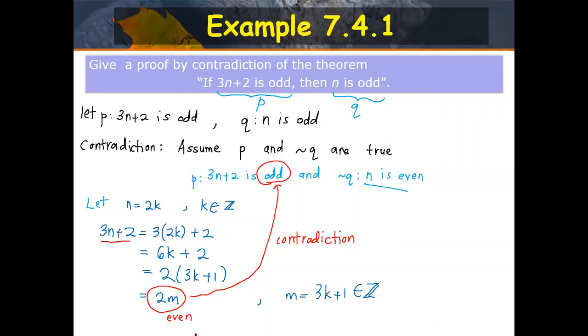Okay, so conclusion dia adalah, therefore. Conclusion mesti ada, conclusion ni ada markah. Therefore, if 3n plus 2 is odd, then n must be odd. Sebab apa?